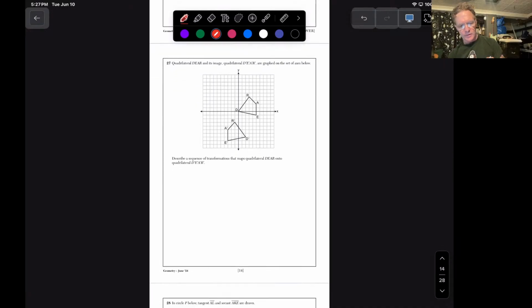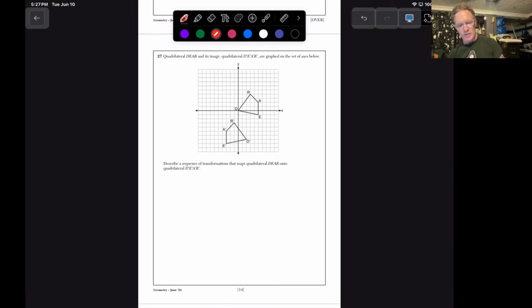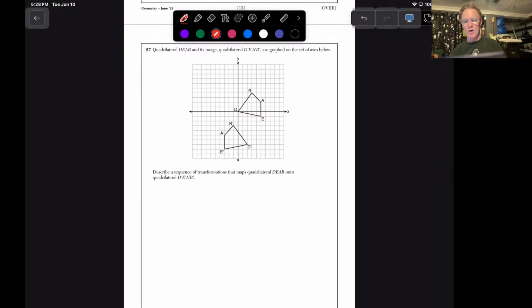Quadrilateral DEAR and its image, quadrilateral D prime, E prime, A prime, R prime, are graphed on the set of axes below. Describe a sequence of transformations that maps DEAR onto D'E'A'R'.